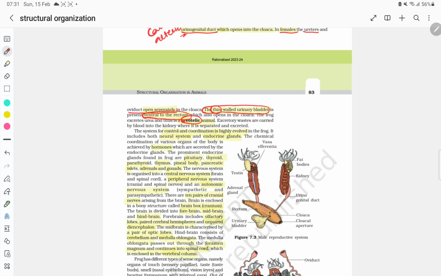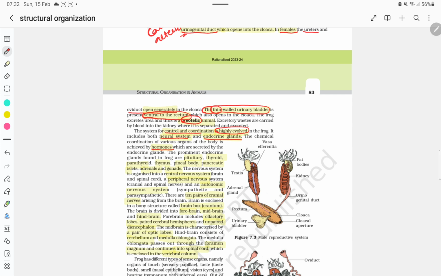Coming to control and coordination, which is highly evolved in the frog and includes the neural system and endocrine system. Endocrine glands make up the endocrine system and secrete hormones.